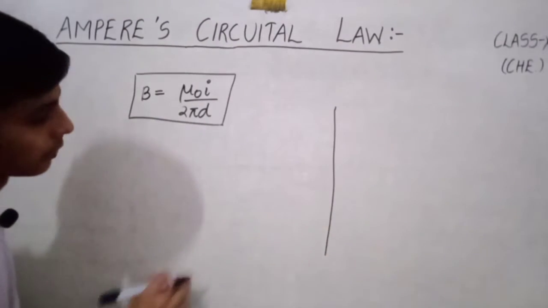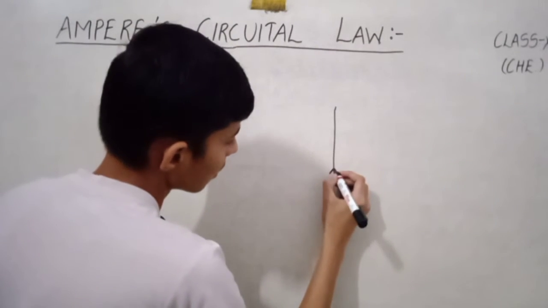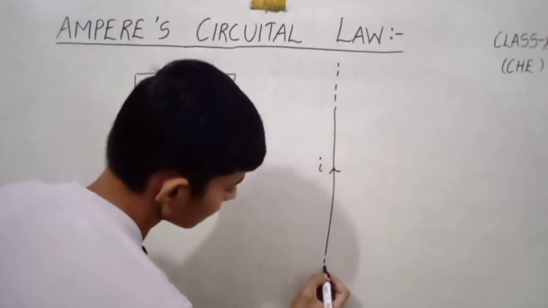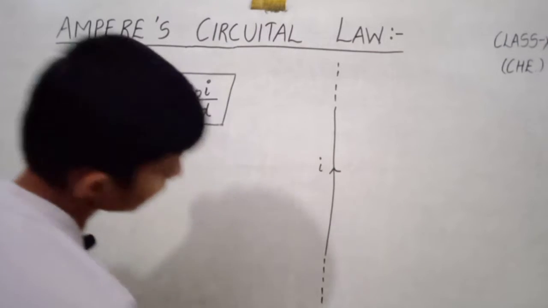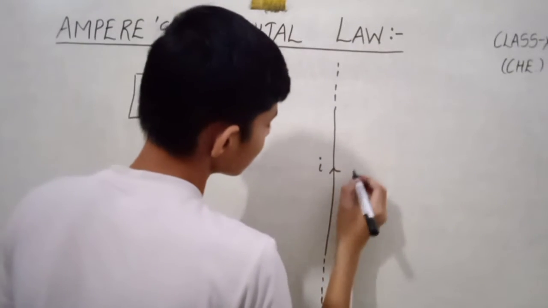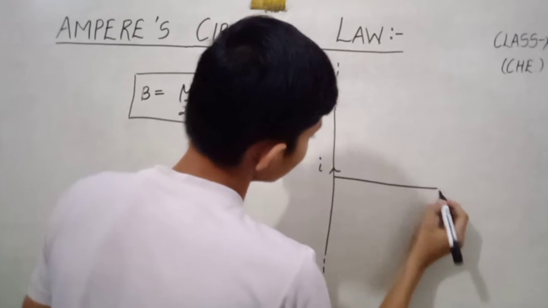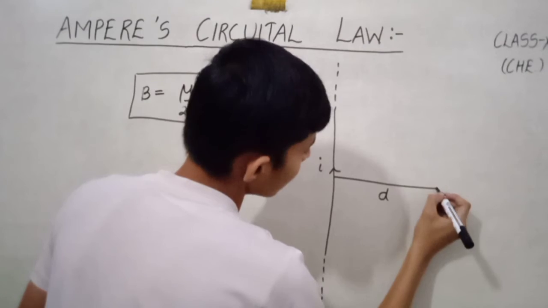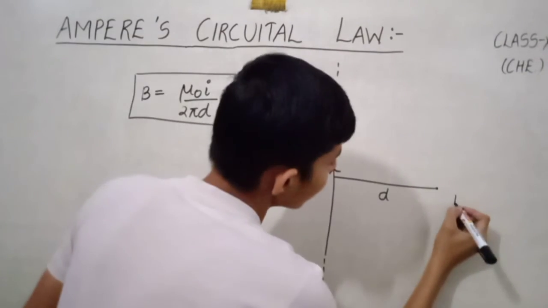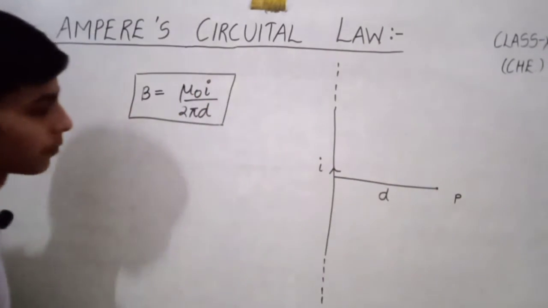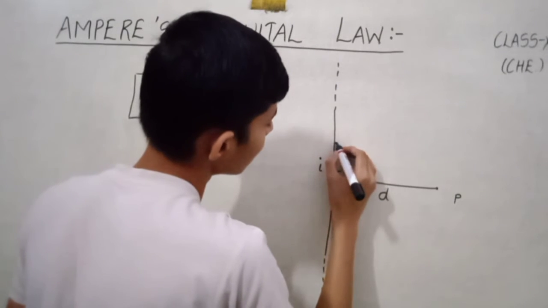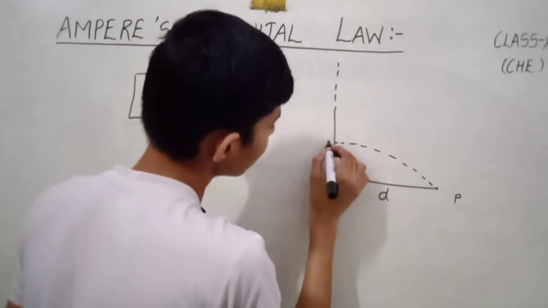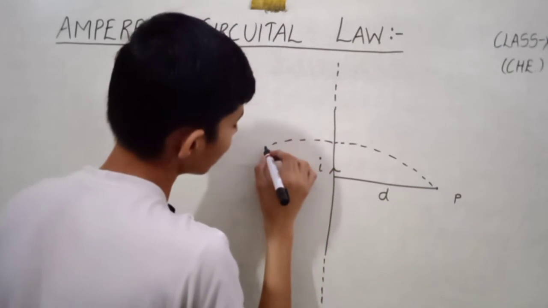This is the wire, current I is flowing, and this is an infinite wire. This is our distance d, and we have to find the magnetic field at the point P. This is point P. So we assume a loop, which is known as Ampere's loop, around the wire.